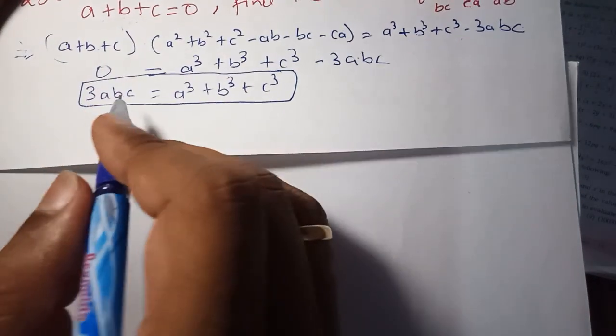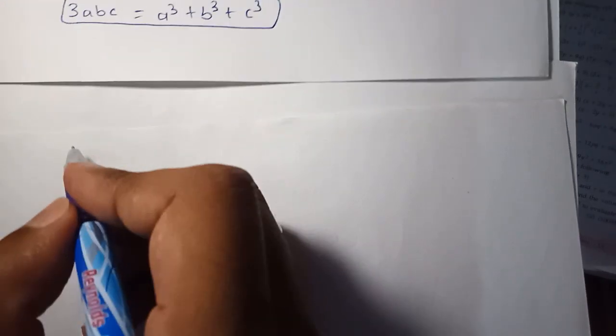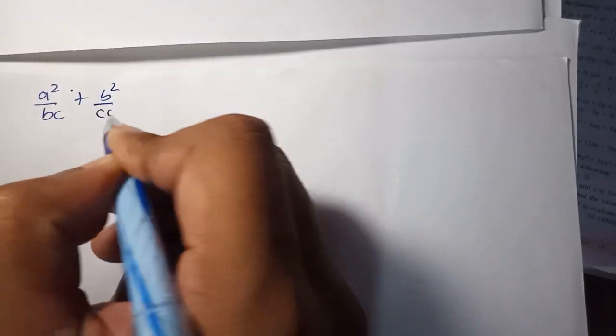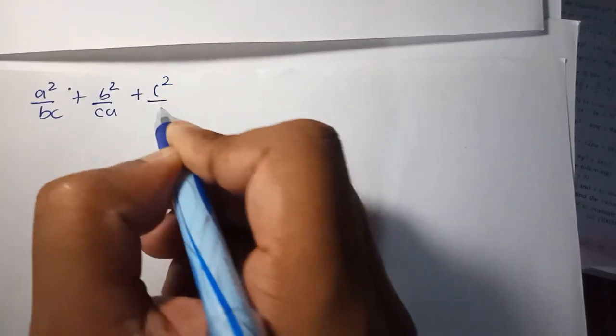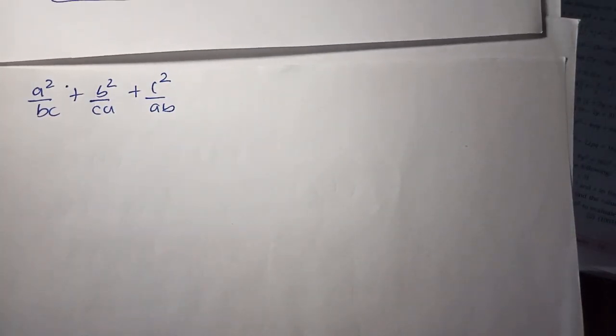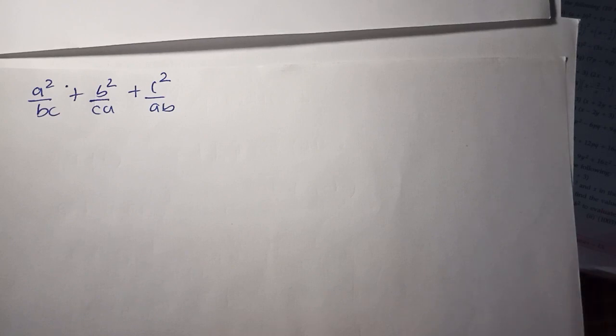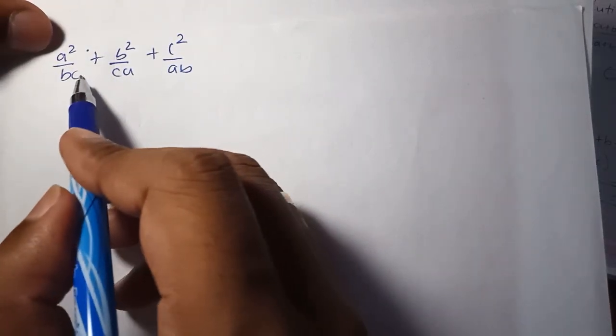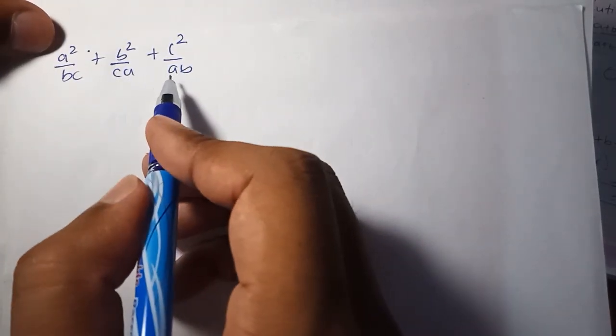So what I have to prove is this: a square upon bc plus b square upon ca plus c square upon ab. I'm not going to do anything, I'm just going to simplify whatever is given to me. I can find the LCM. The LCM of all of these terms is going to be abc.